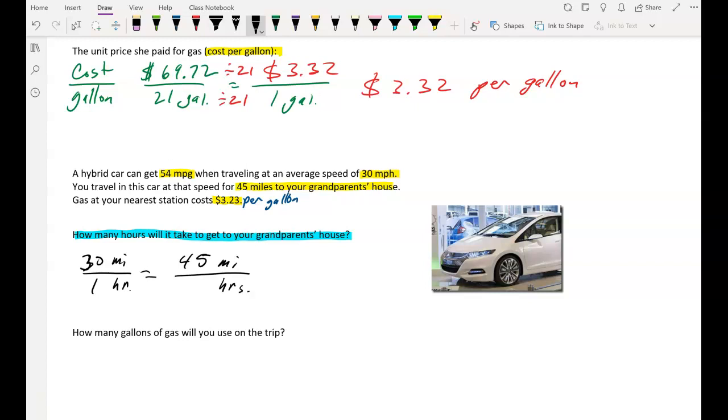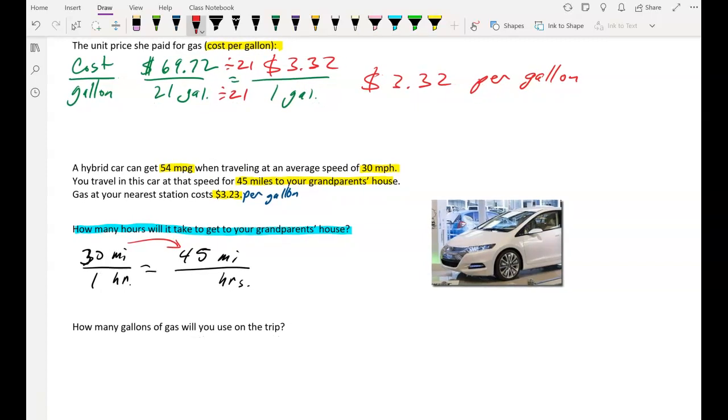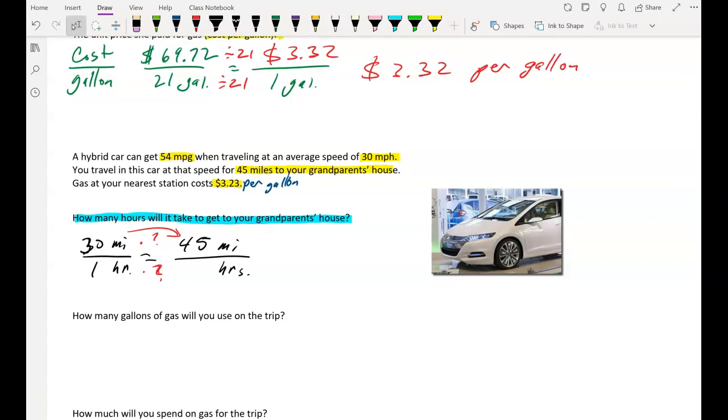So we have to know, what do we have to do to get from 30 to 45? We're going to have to multiply by something, but what? Because whatever that is, we'll have to do the same thing here. Okay, so 30 times what equals 45? Well, I'm going to divide 45 by 30. This is kind of like a scale factor problem. 45 divided by 30 is 1.5.